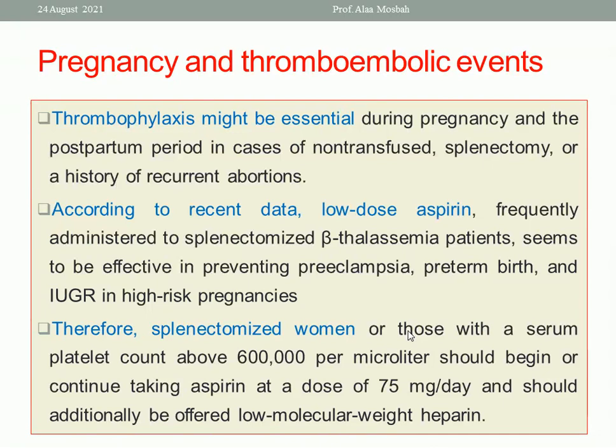Thalassemia aggravates the risk much higher, up to maybe 29%.